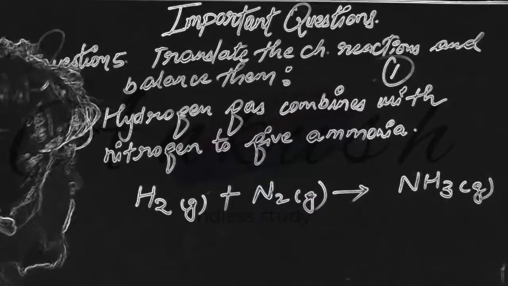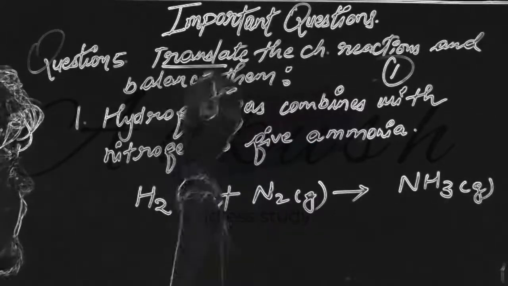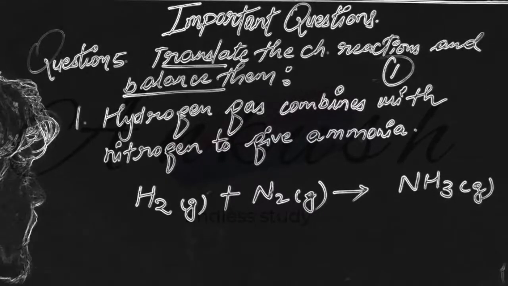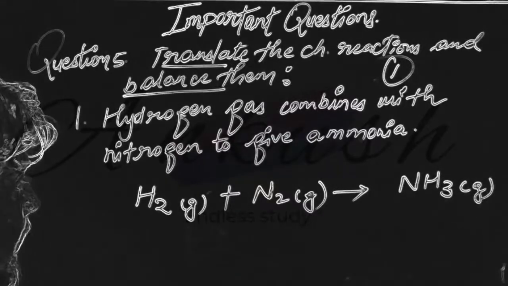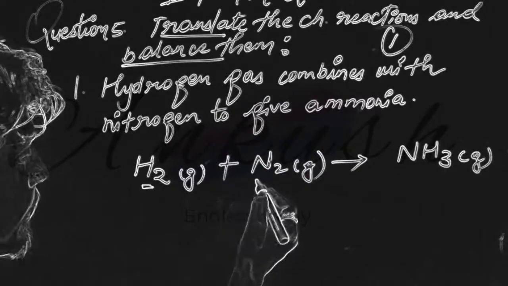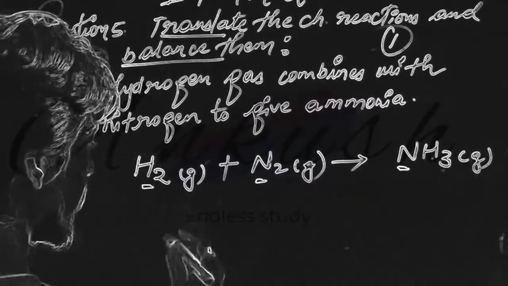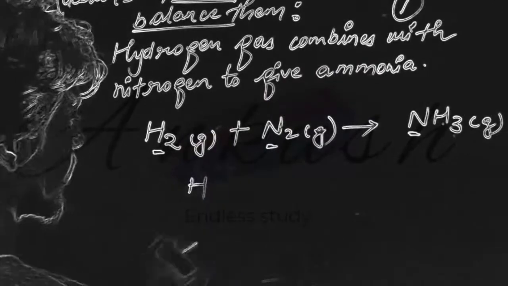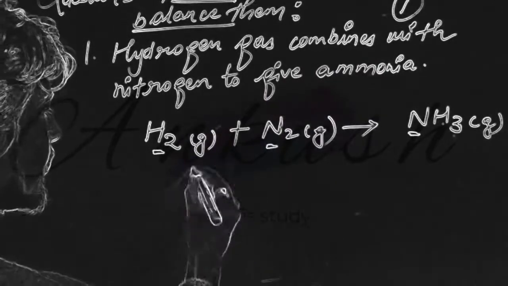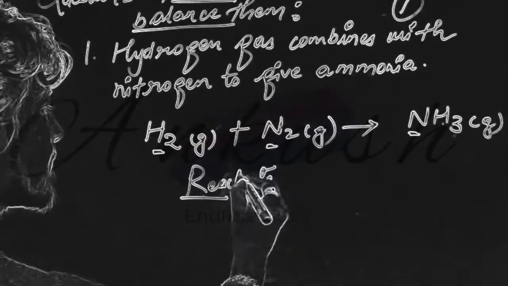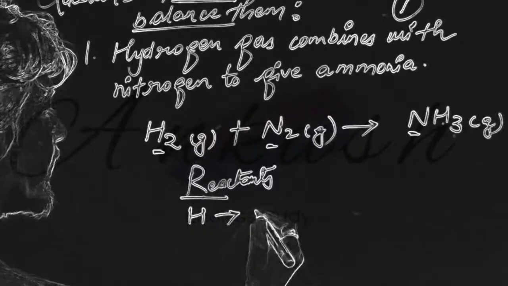Now we have to balance it because it is not balanced. First we have to translate and then we have to balance it. The very first, we will start from the element having the maximum number of atoms. And here we can see hydrogen 2, nitrogen 2 here, nitrogen 1 and hydrogen 3 here. So we will begin from hydrogen. In the reactants, if you see, hydrogen is 2.